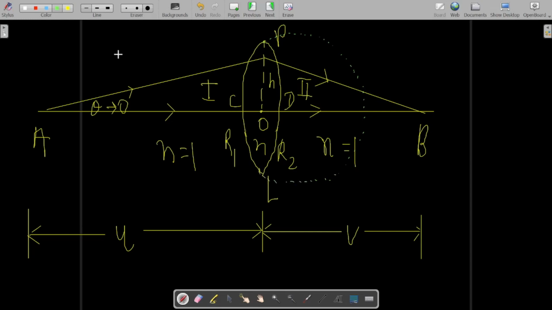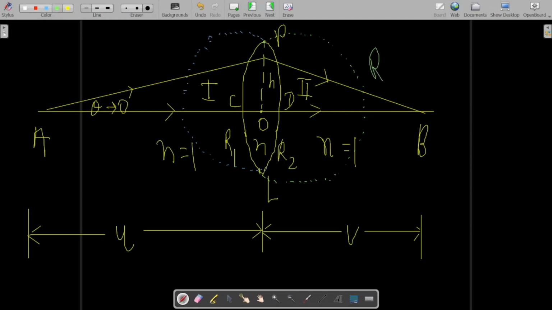Similarly for this surface also, there might be some imaginary circle, of which this particular part of the lens is an arc. The blue and green circles are the two circles which you might see over here, and R1 and R2 are the radii of these circles. The radius of this green circle is what?